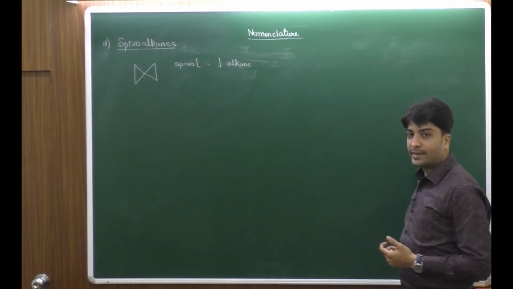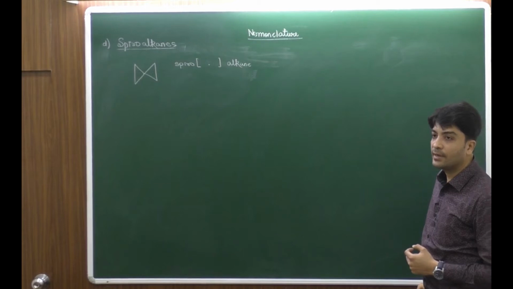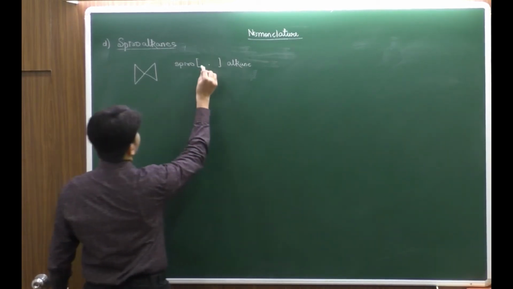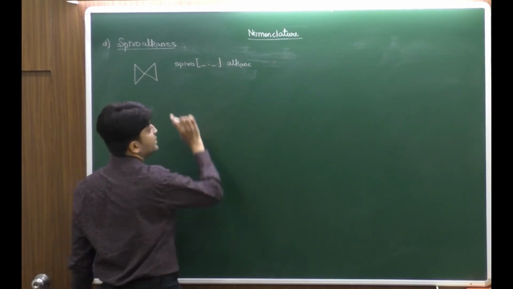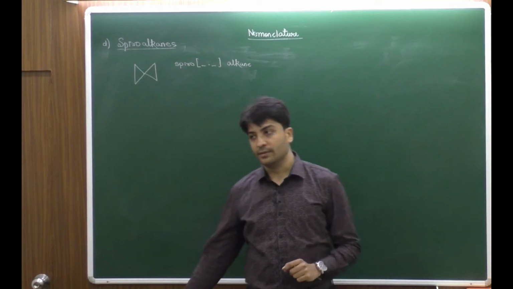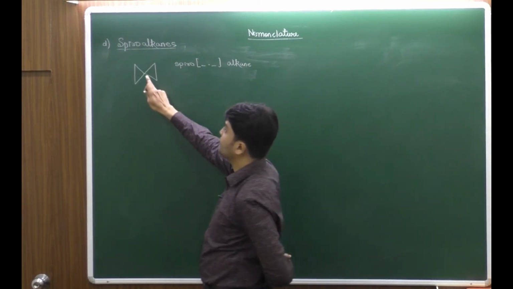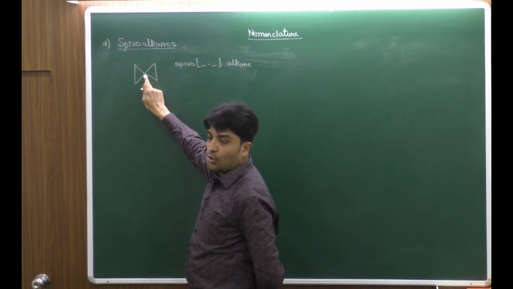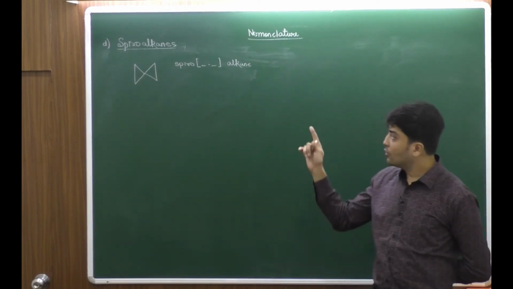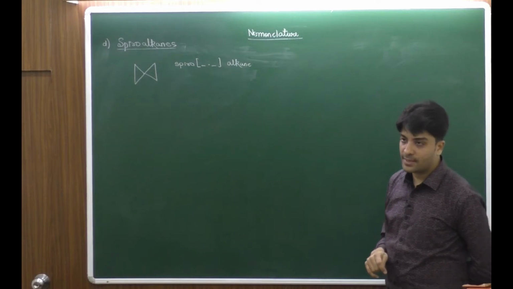These 2 numbers indicate the number of carbons of the cyclic rings excluding the spiro center. So spiro center is basically the common carbon. Excluding that, whatever number of carbons of the ring you see, you have to write in this square bracket.